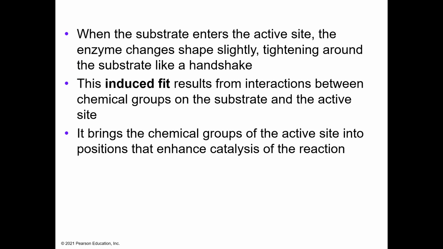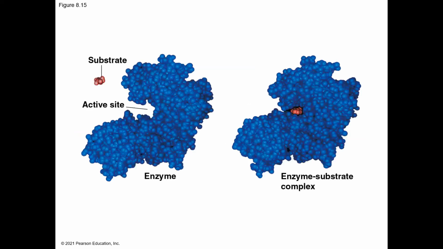When the substrate enters the active site, the enzyme will change shape slightly, tightening around the substrate like a handshake. This is called an induced fit, which results from the interaction of the substrate and the active site. It brings the chemical groups of the active site into positions that enhance catalysis of the reaction.